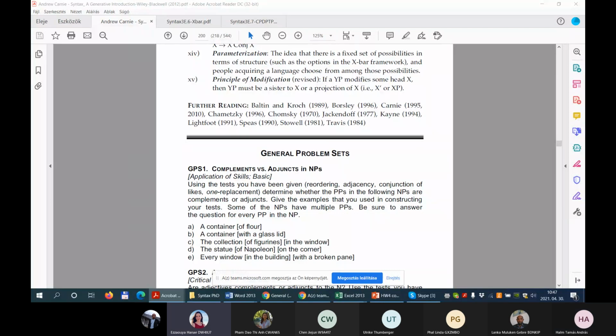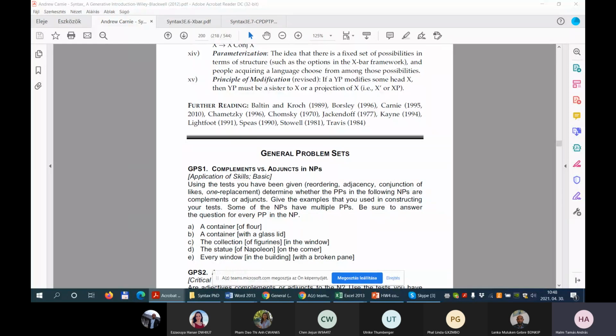I think it would not be very appropriate to replace in with of in these phrases, and that's what created the confusion. As for the tests, I also used the test of conjoining them with each other. You can say every window in the building and with a broken pane. And that's fine, right? It's still fine, yeah. I agree. So the principle of reordering and the principle of conjunction also show that this is an adjunct.